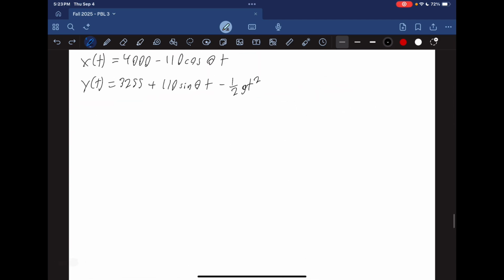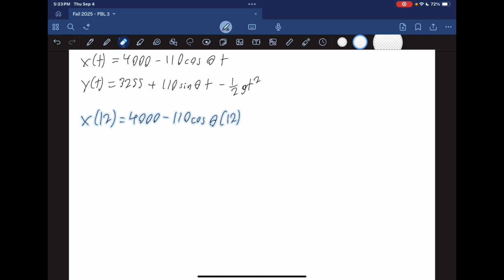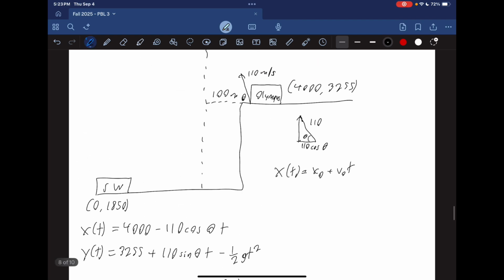So this means that x of 12, so that's our time, equals 4,000 minus 110 cosine of theta times 12. And we can use this to solve for our theta value, because we know that at 12 seconds, it's going to be at x equals 3002.